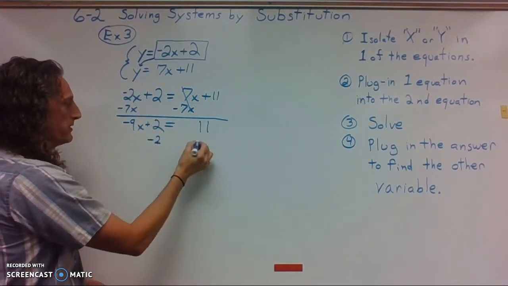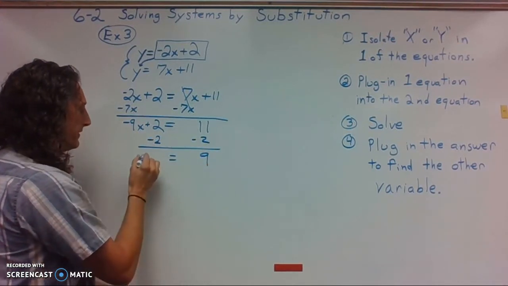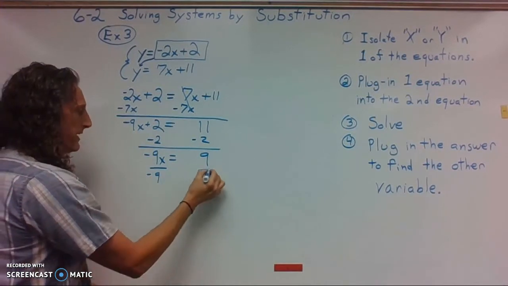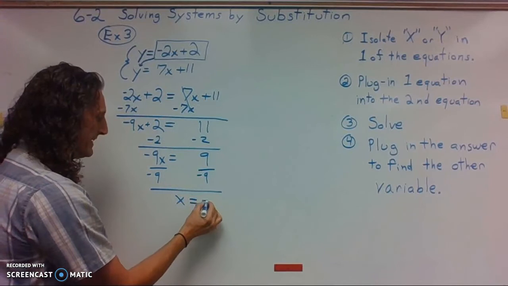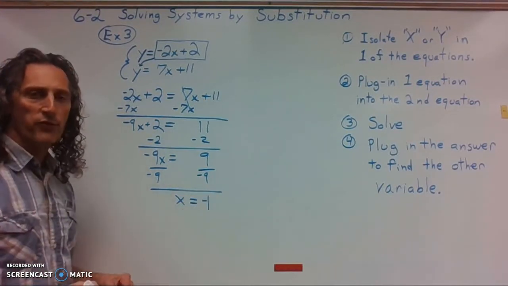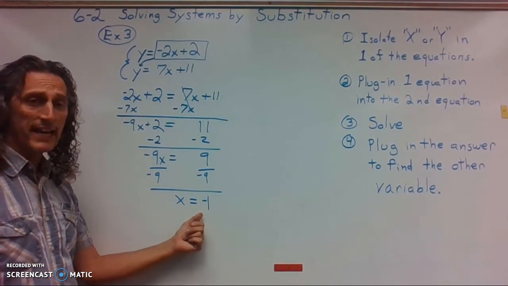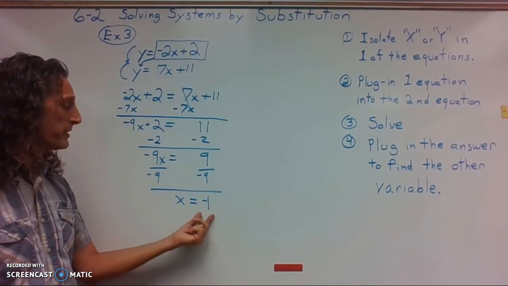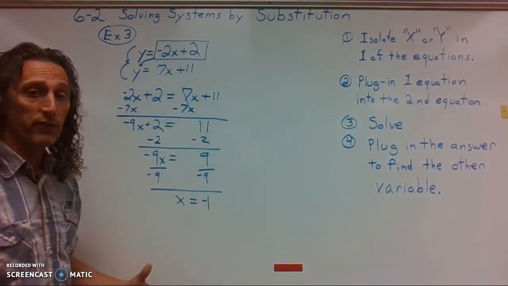I'm going to go minus the 2, get a 9, drop down my 9x, divide by the coefficient negative 9, and then x equals negative 1. And it's very important that we do include these negative signs. If you leave this as a positive 1, if you make a little mistake, well, when you go to plug it back in, it's going to get wrong.